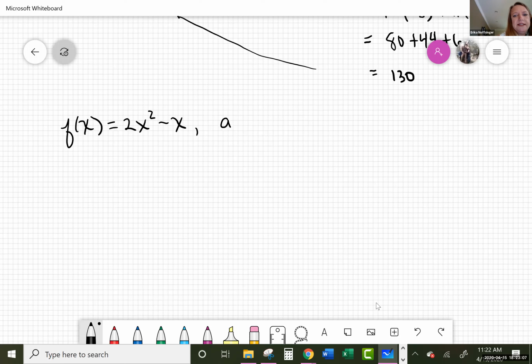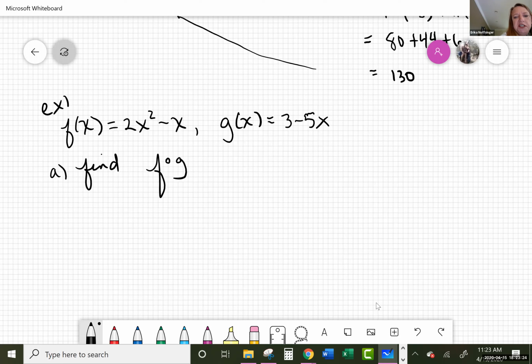And if g of x is equal to 3 minus 5x, what if it said find f little circle g of x? Okay, so this notation means the same thing, and I like this notation better, of f parentheses g of x.